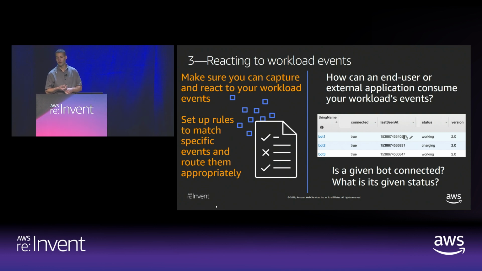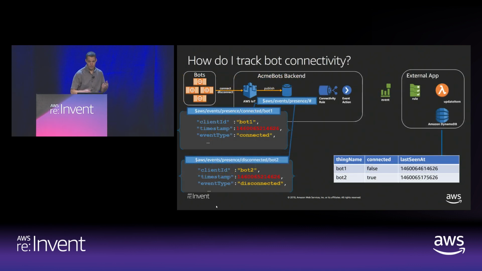Yeah, so for Acme bots, there's a couple of things that we would like in terms of events. One is just the status itself, whether it's charging, whether it's in standby. So that's one event, and then the other is whether the bot's connected or not. We'll walk through how we would design that. Now, in our case, IoT is our backend. We don't necessarily want to share our IoT backend with everybody who might want to consume events. CloudWatch Events provides a good way to separate that.